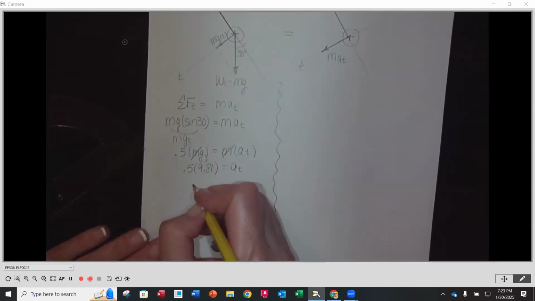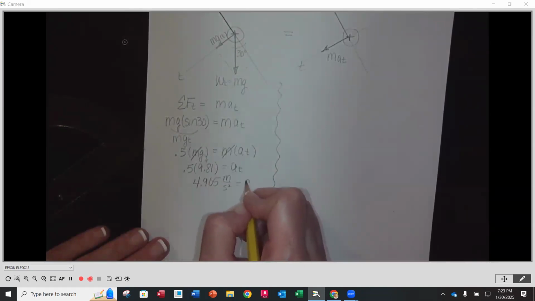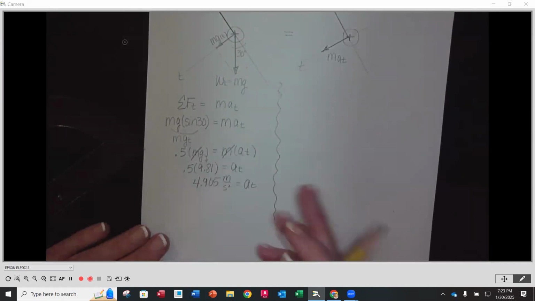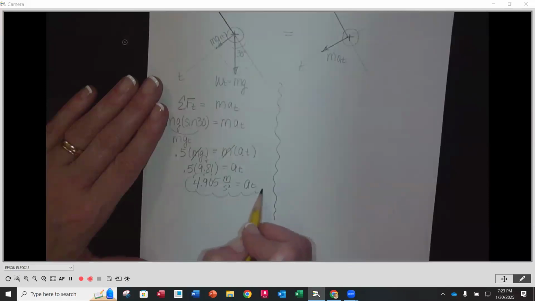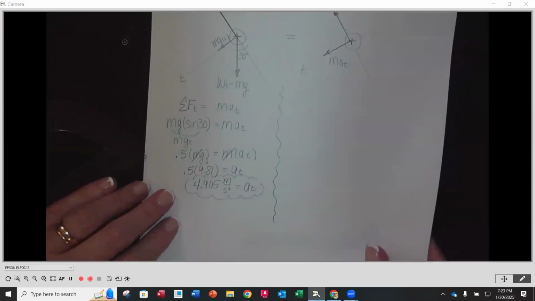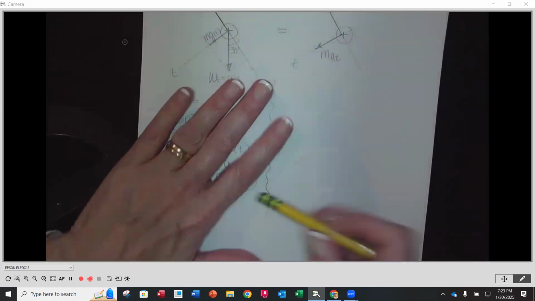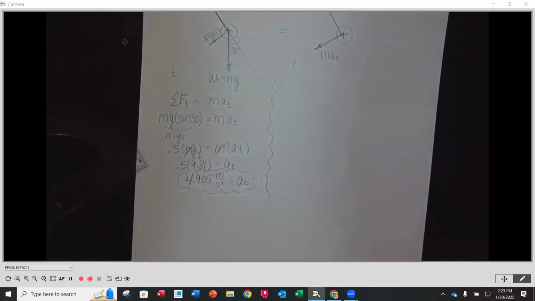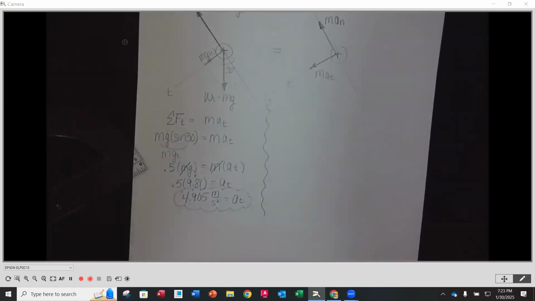Multiplying that together, we get 4.905 meters per second squared is equal to the tangential component. We're going to put a little cloud around this. This is a component of the acceleration, and we need to find the full acceleration, so I put the units there. It's fine. We're going to be using Pythagorean's theorem in a little bit to get the full acceleration. Okay, any questions on the tangential component so far? Okay.